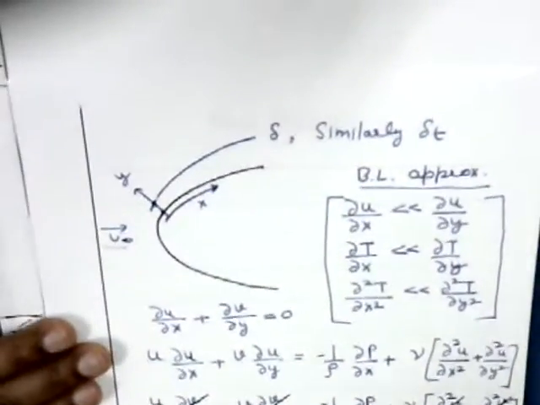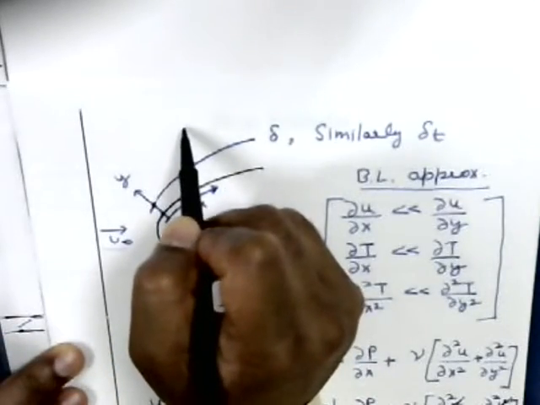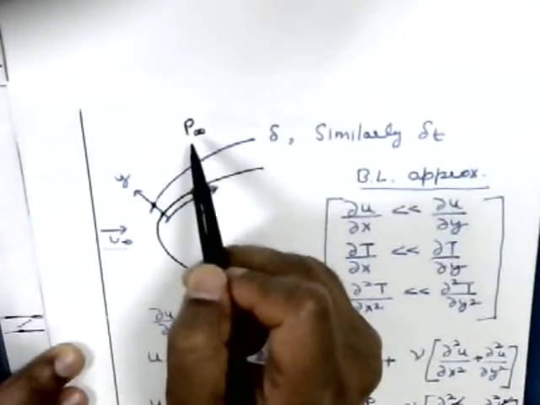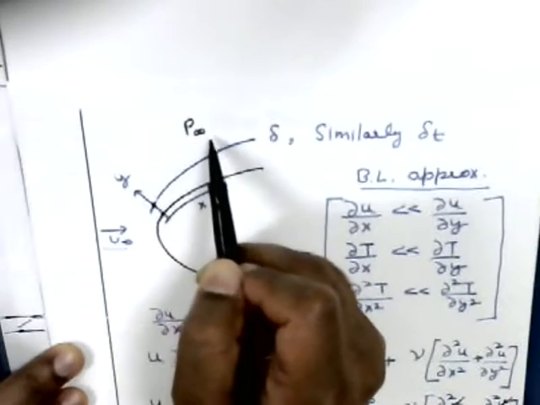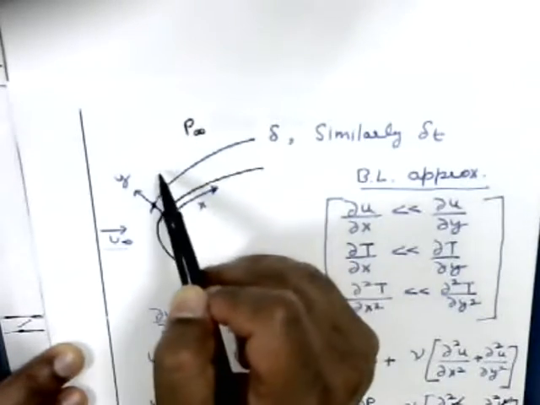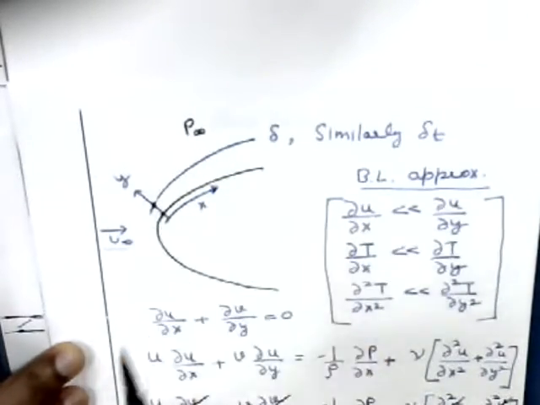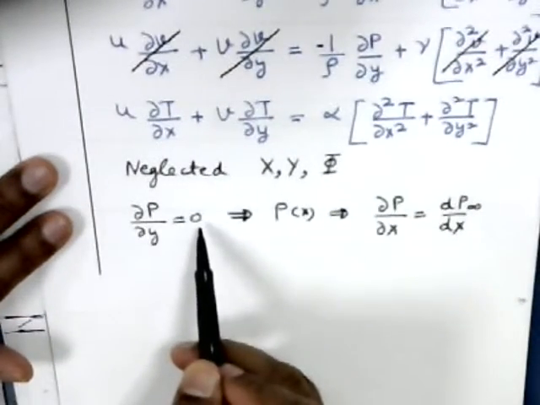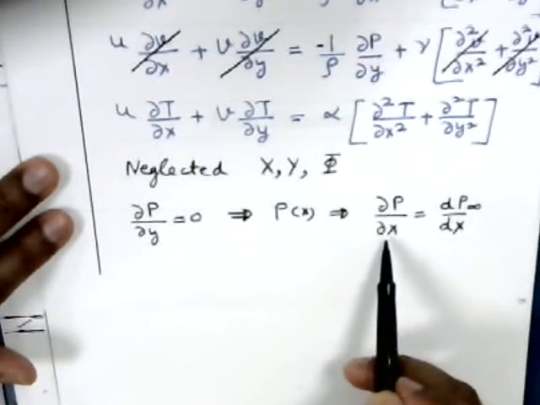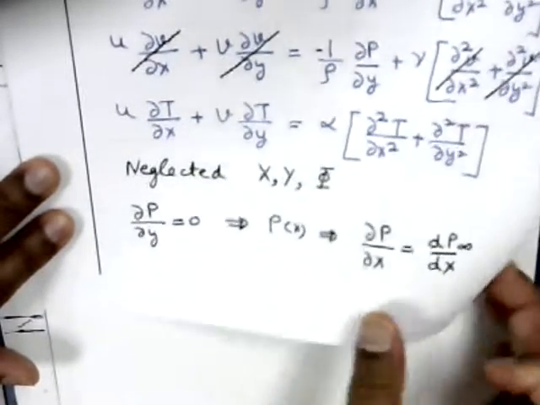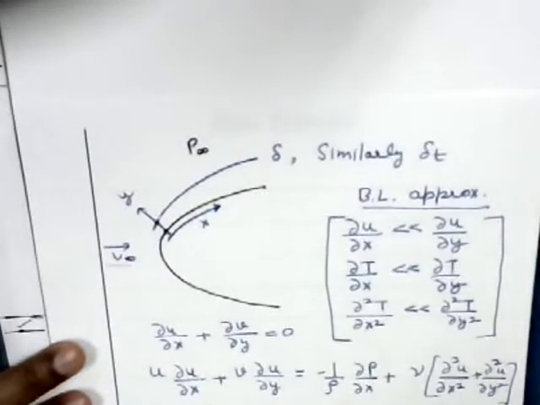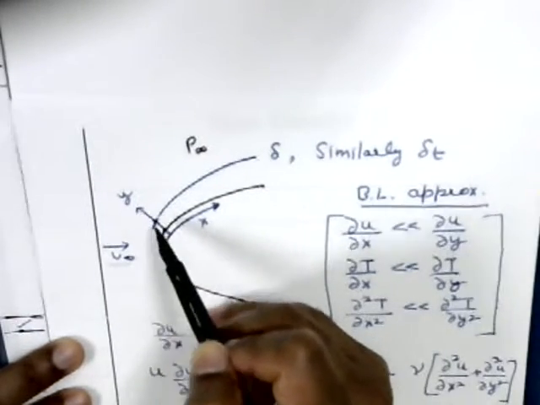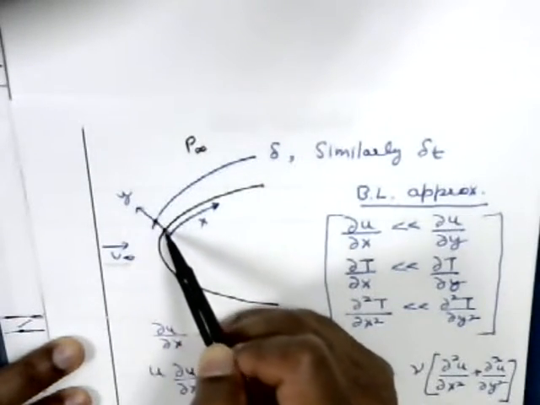In this figure, p infinity is the pressure away from the boundary layer, and it varies in the x direction. So what we got is ∂p/∂y = 0 and ∂p/∂x = dp∞/dx. What that means is, if you take this point and this point, they have the same pressure.